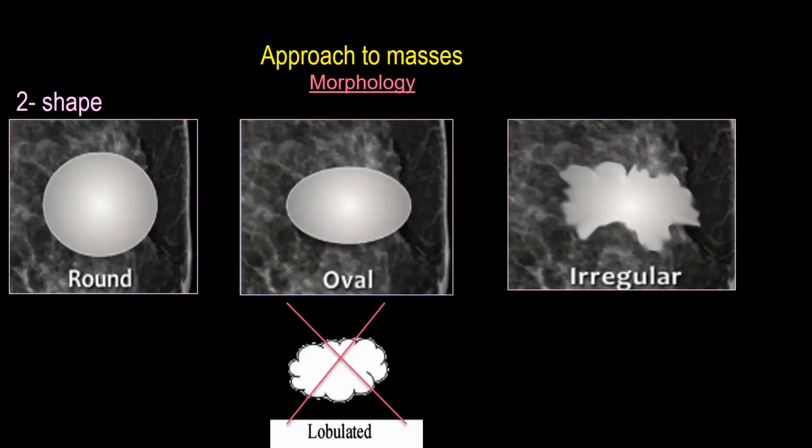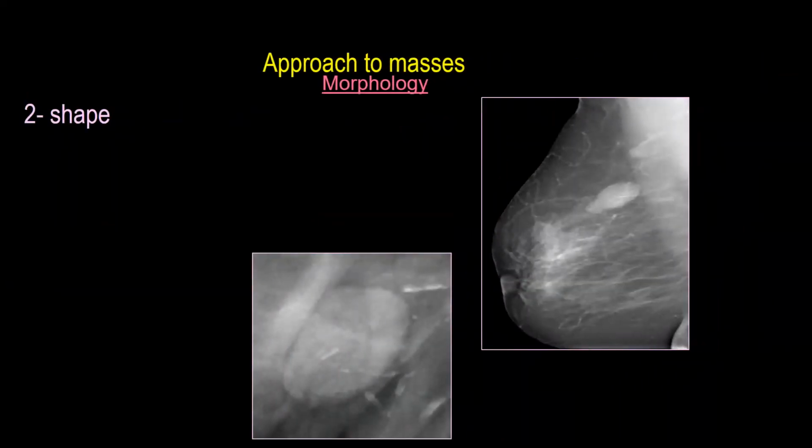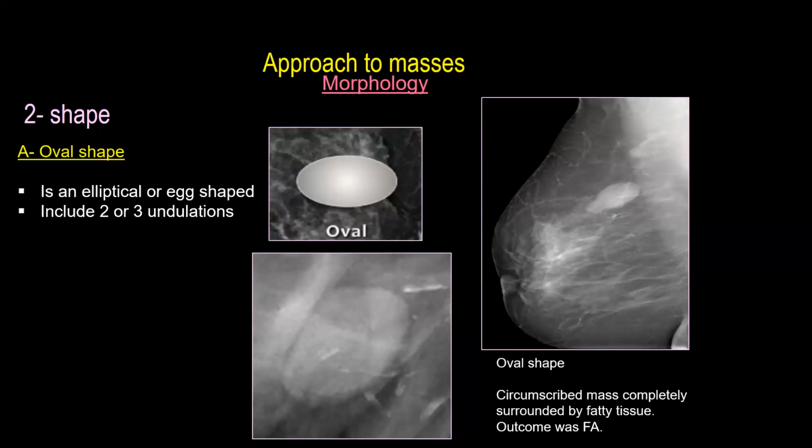Oval, round, irregular. Yes, oval, round, irregular, and no more lobulated. Previously, they used the descriptor lobulated in the shape, but no more. It is either regular, as oval or round, or irregular. That is it. Okay, this is oval. It is obviously oval, elliptical or egg-shaped.